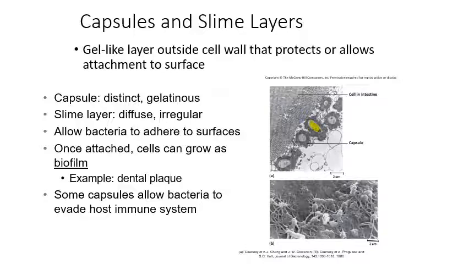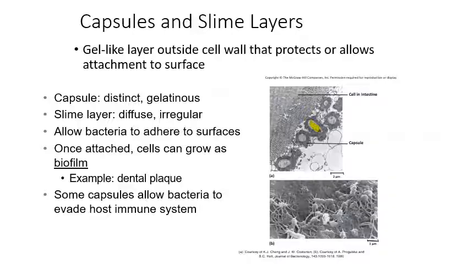Then outside the cell we have this kind of thick, fuzzy layer of stuff, and that is our capsule. It's usually a sticky, sugary carbohydrate material that we find on the outside of some cells. They use it for protection and to stick to surfaces, so for adhesion. If you can imagine you're a bacterial cell with a really sticky layer of goo surrounding you, you're going to be able to stick to surfaces very well.